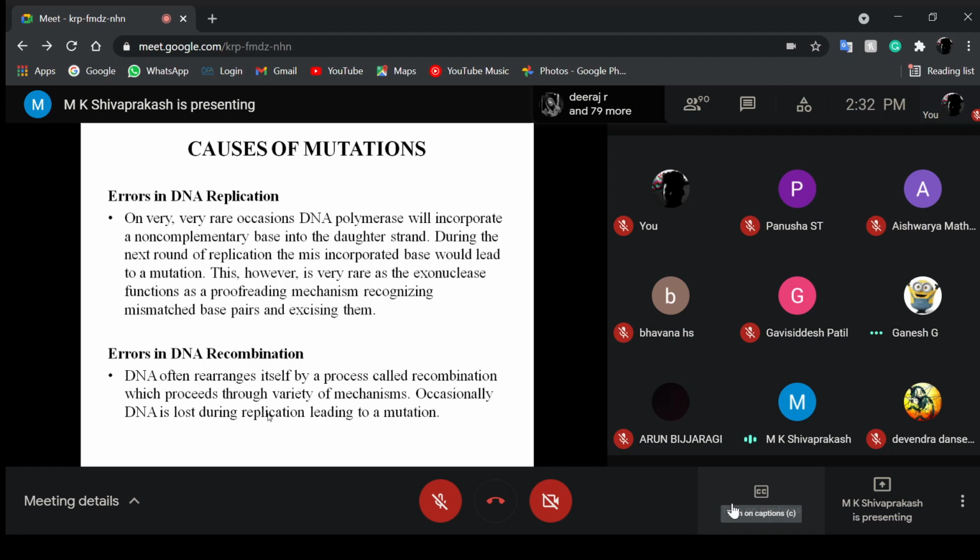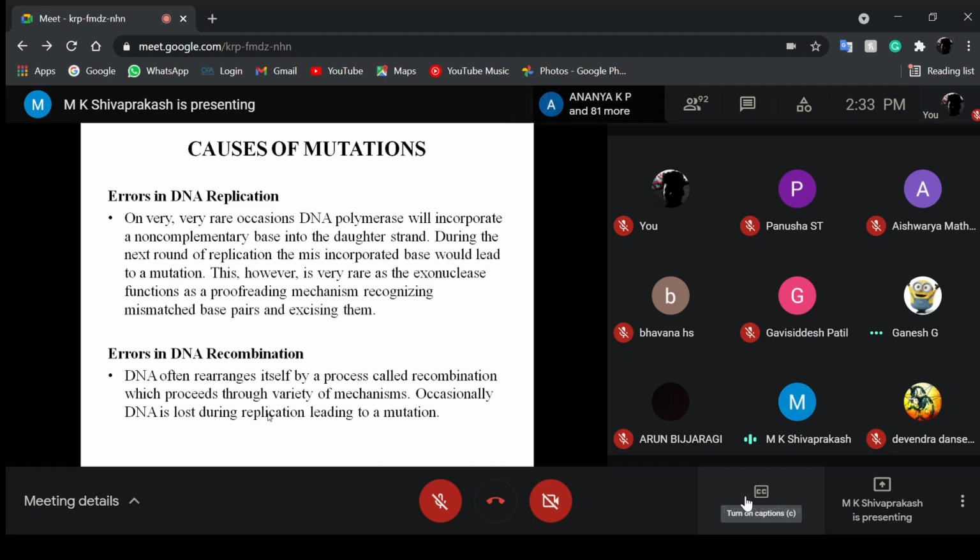Causes of mutations: errors in DNA replication, second, errors in DNA recombination. Both things, the replication, simple things, and the recombination, which is part of the sexual life cycle.